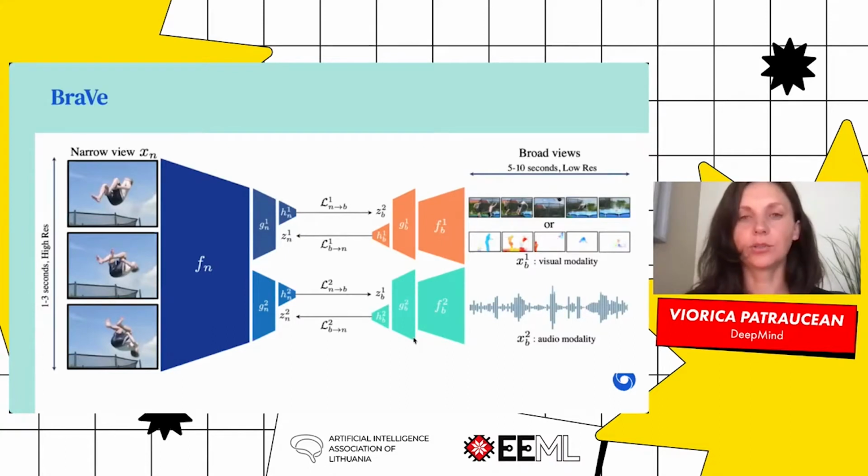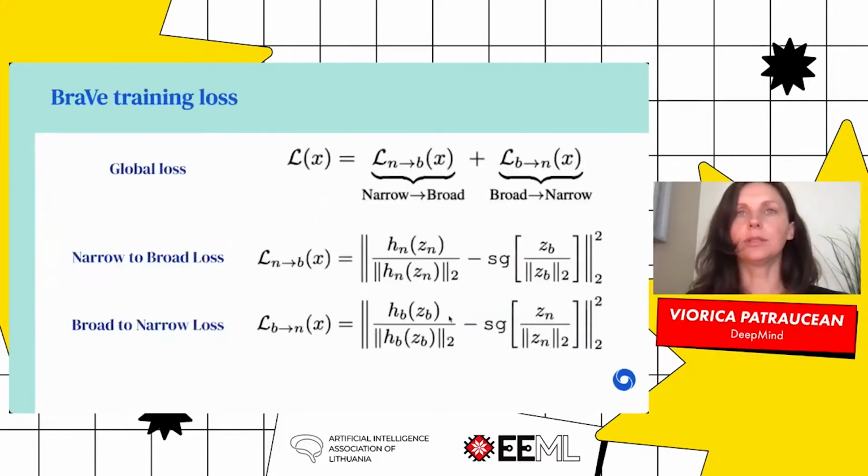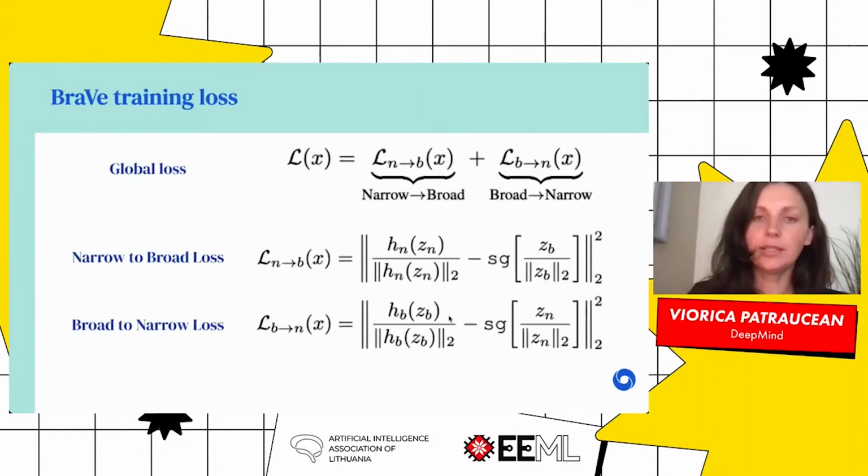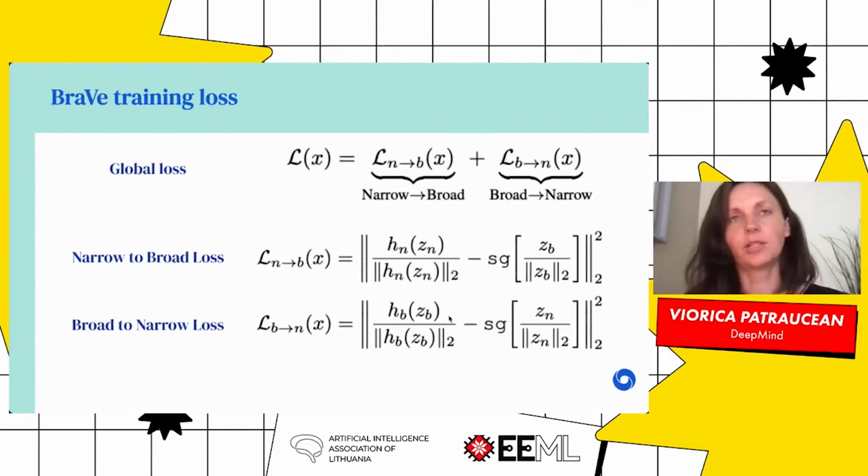We can also use different augmentations on the video stream. For example, we use random convolutions, which is an extreme form of data augmentation. So in detail, these are the losses that we use to train. Each head tries to regress the representation of the other head, and we have these two loss terms.